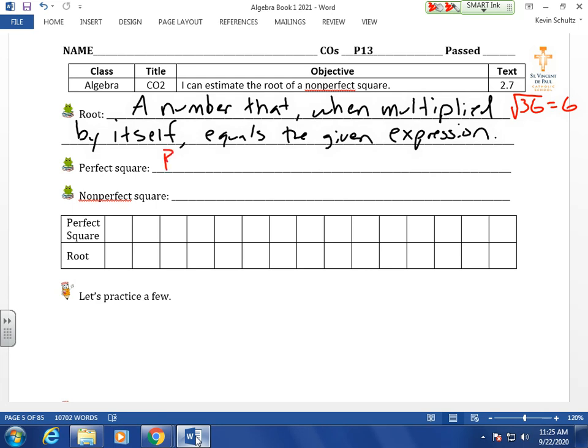A perfect square has roots that are rational, meaning they're not a decimal, right? Root 36 is a perfect square because its root being 6, 6 is a rational number. There's no decimal.